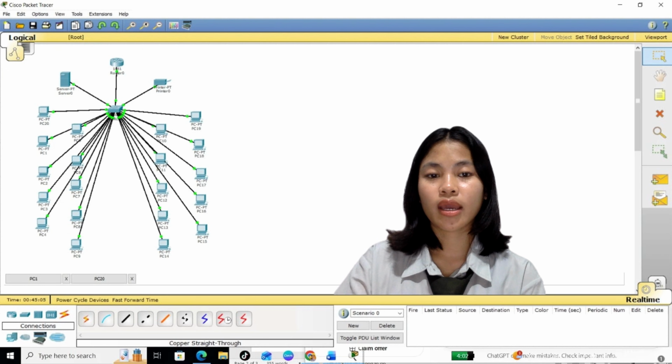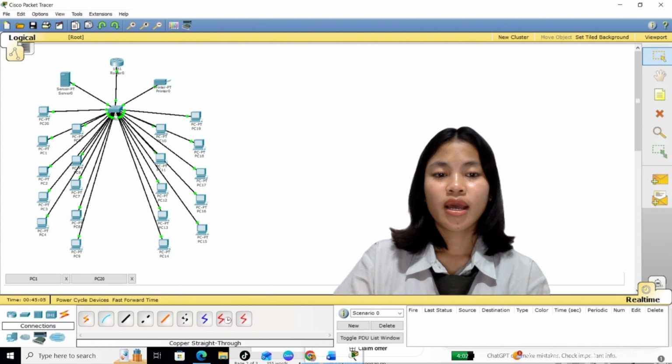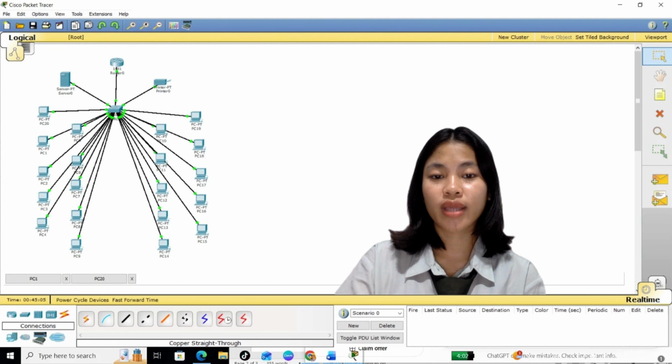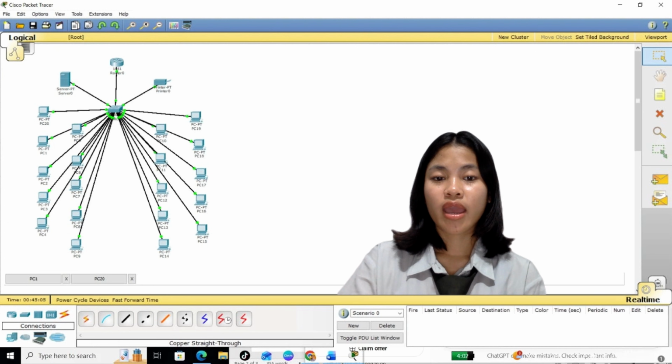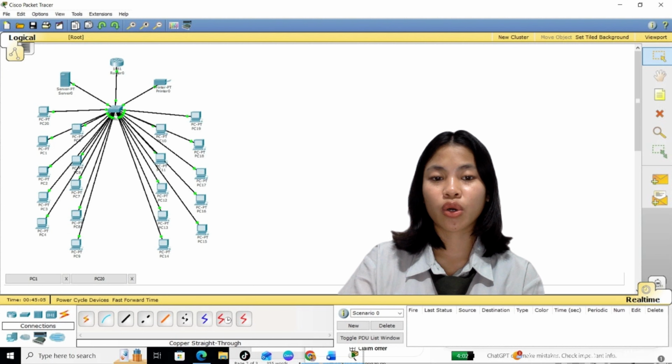The server used an IP address in the same network, and the client computers used IP addresses ranging from 192.168.20.11 to 192.168.20.30.